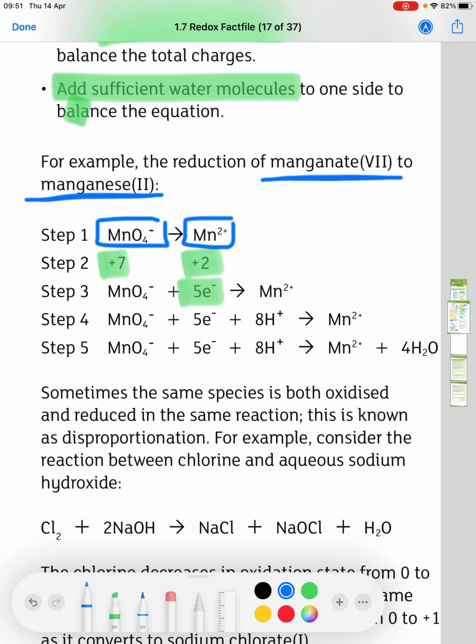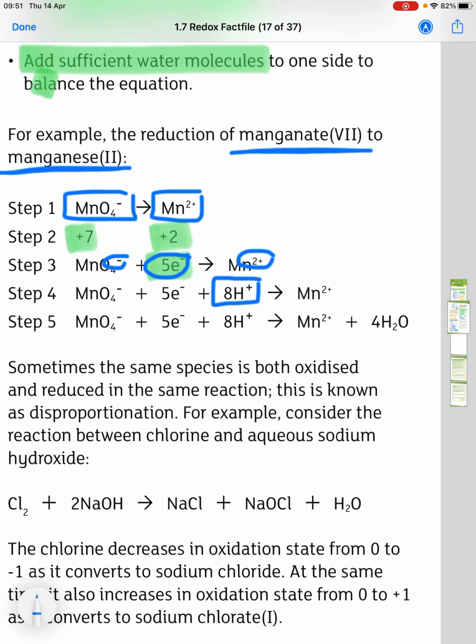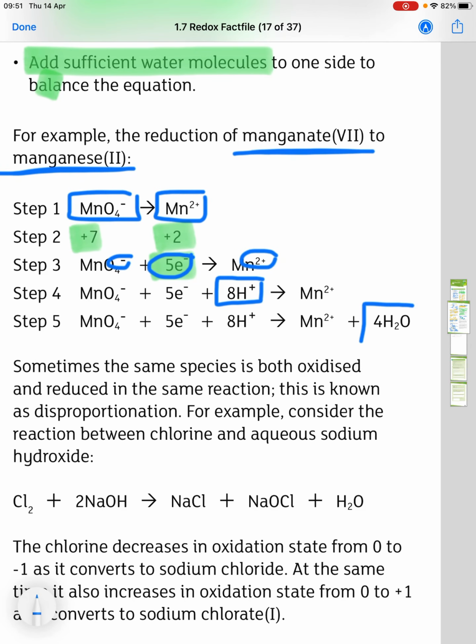So here we have -1 and -5, so that's -6 on this side and +2 on this side. So we have to add 8 hydrogen ions to get us a total charge of +2 on each side. And then because we've added the 8 hydrogen ions, we have to add 4 water molecules to balance that up.